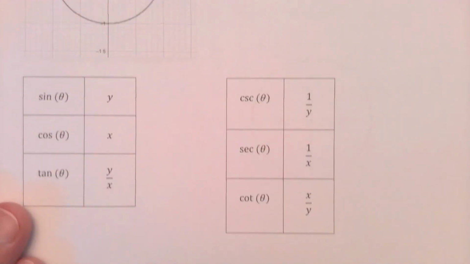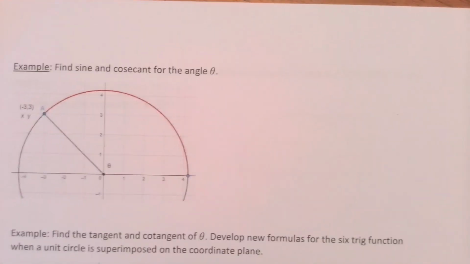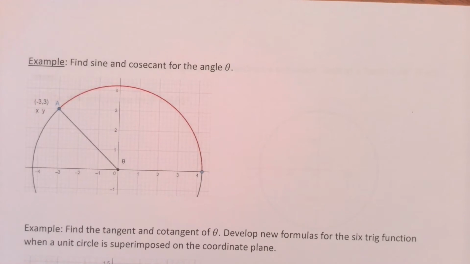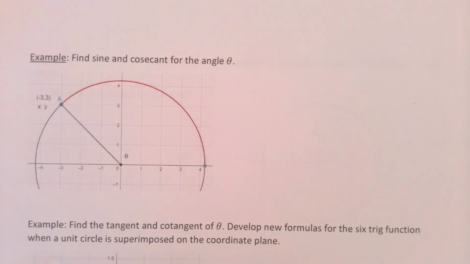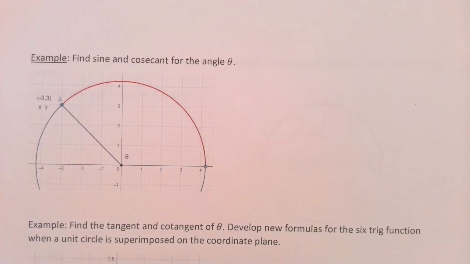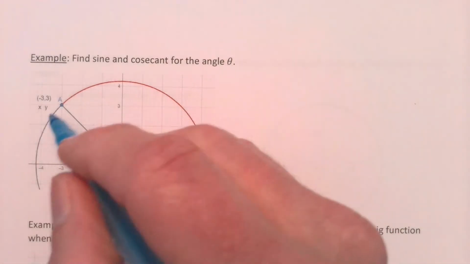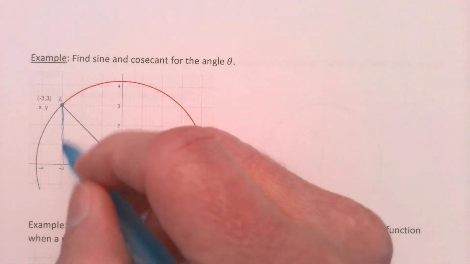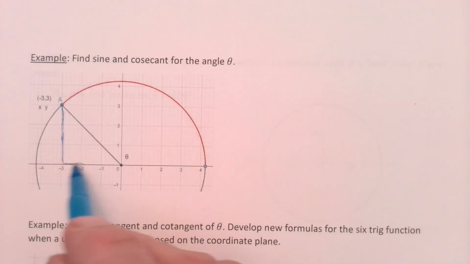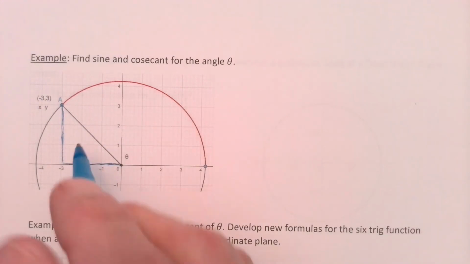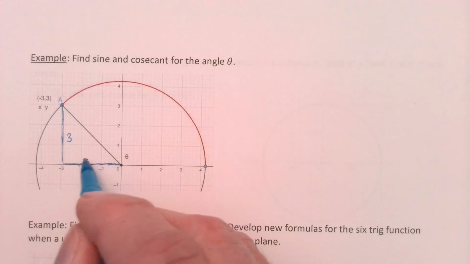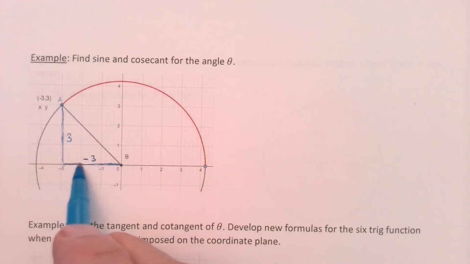So let's move on. Here's a first example of finding trig values where we have an angle that's pretty obviously obtuse. It's not acute. In fact, looking at these coordinates, -3, 3, and drawing a right triangle like this, we know the dimensions of this right triangle right now. It's 3 tall, and it's got a negative dimension on its horizontal leg.